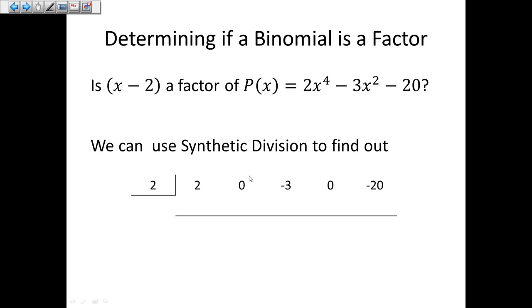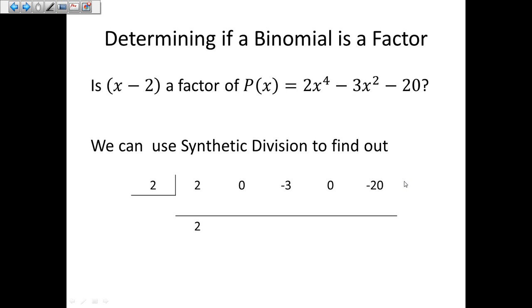Now, why are the zeros there, you might be wondering? Well, I don't have an x cubed term in the polynomial. So I account for that by putting a 0 where my x cubed coefficient would be. The same thing with the x. I want to make room for that x term, so I put a 0 for the coefficient there. Okay, so let's do the synthetic division.